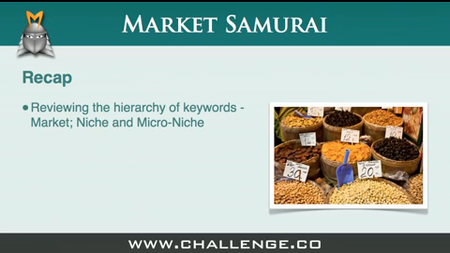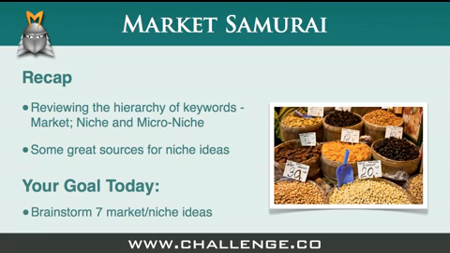So to recap, in this video we've reviewed the hierarchy of keywords, market, niche and micro-niche, and we've looked at some of the best sources for coming up with niche ideas. Your goal today is to brainstorm 7 market or niche ideas. Tomorrow we'll be researching these markets and niches further to see if we can come up with some high quality micro-niche keywords.